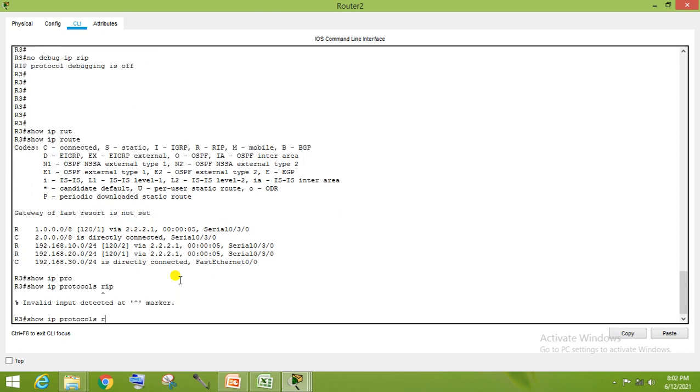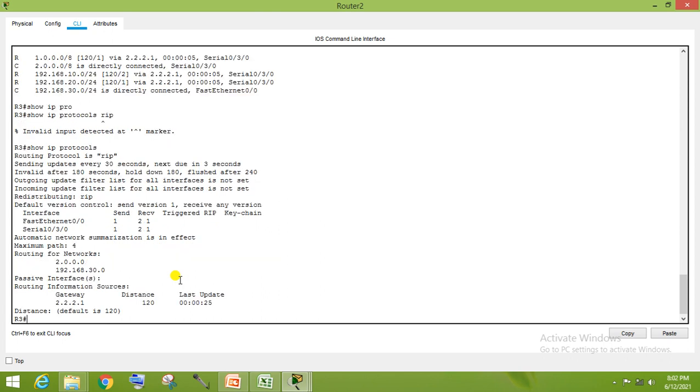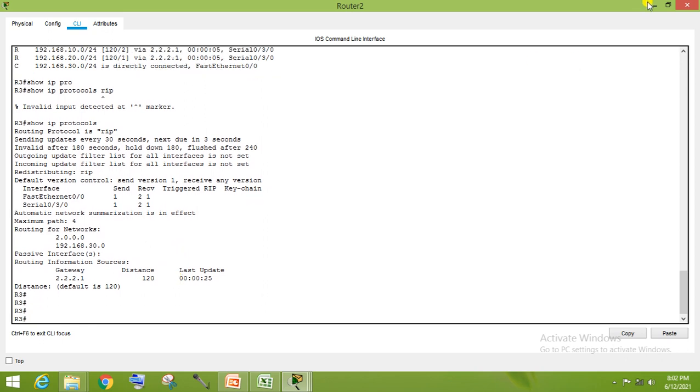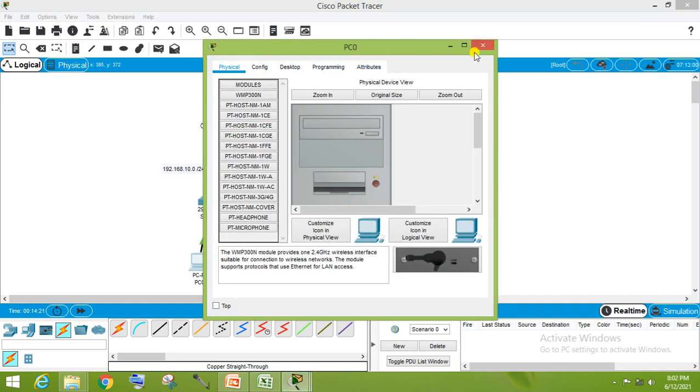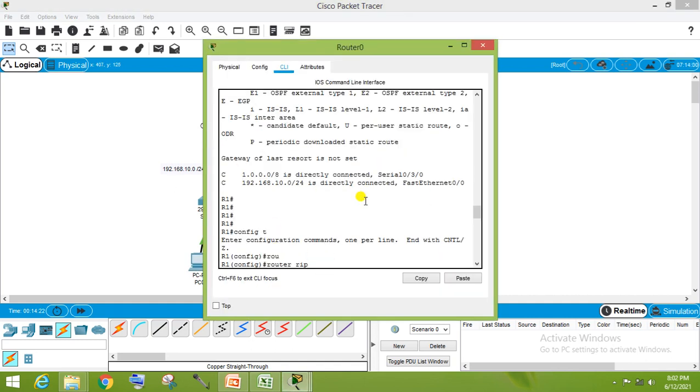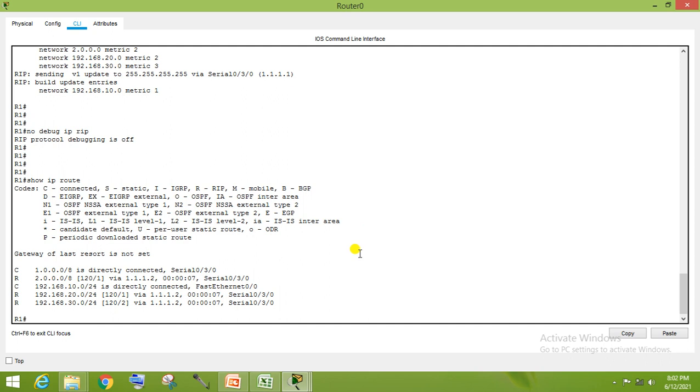Not working, no problem. So we just configure the IP address on the PCs for verification. You can first check it from the router also. No problem.